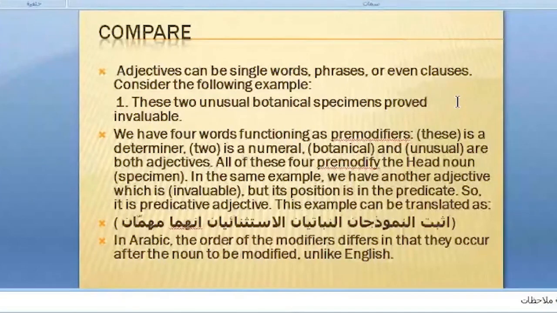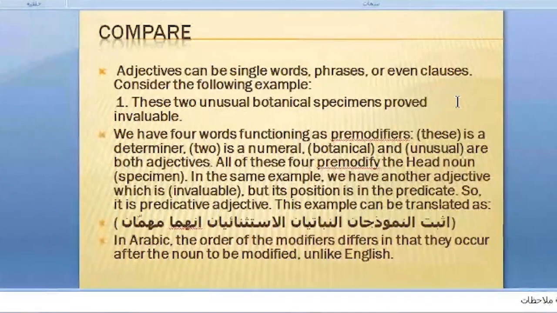Okay طلابنا، نستنتج وأكو أيضا مثال للمقارنة أن adjectives can be single words، ممكن تكون كلمات مفردة، ممكن تكون phrases عبارات، or even clauses، أو حتى جمل مثل ما تناولنا الآن. Whether in English or in Arabic, we have clauses that can play the role of an adjective.